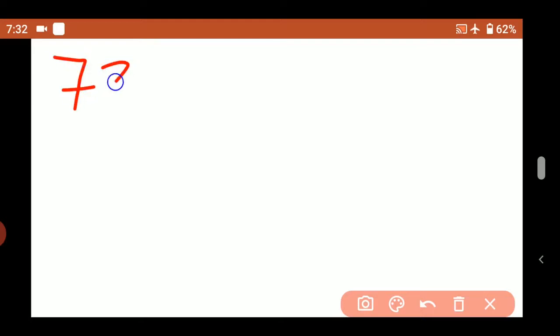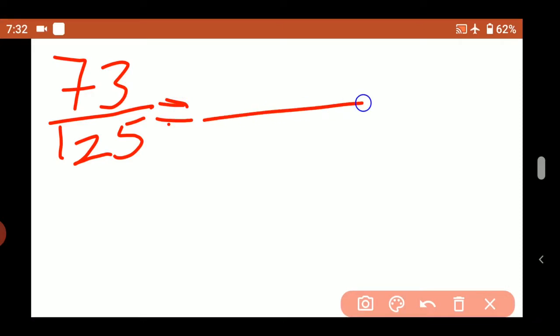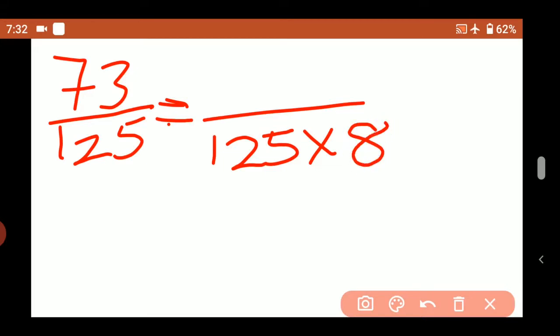Next, say if you have a number 73 by 125. Here again you need to find out what can be multiplied to 125 to get something of 10 to the power. 125 into 8 gives us 1000.